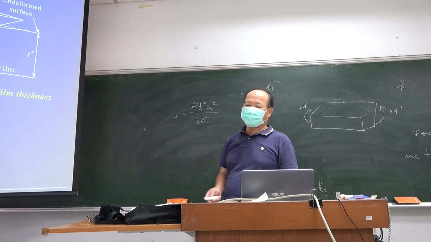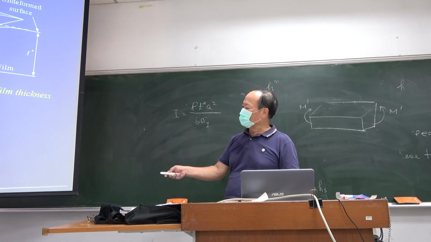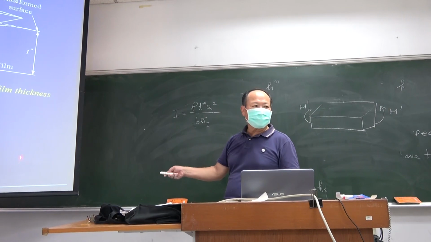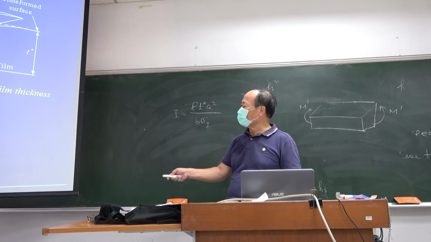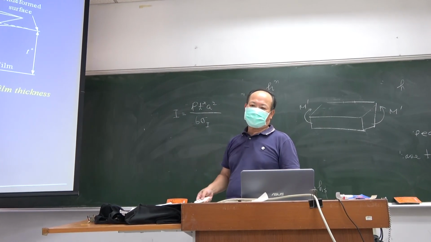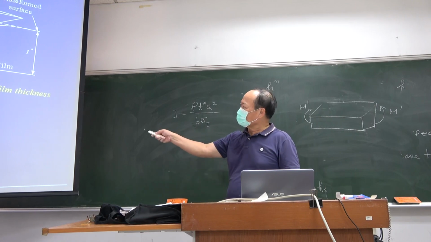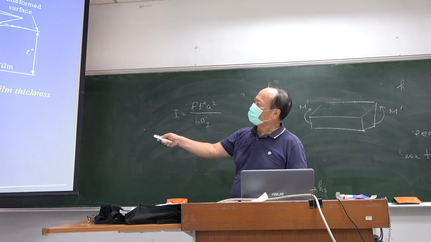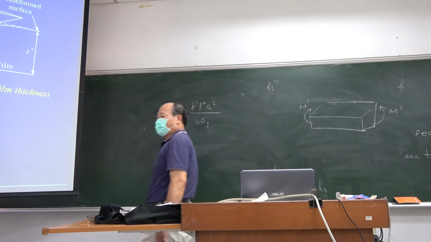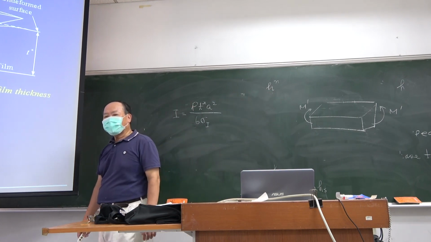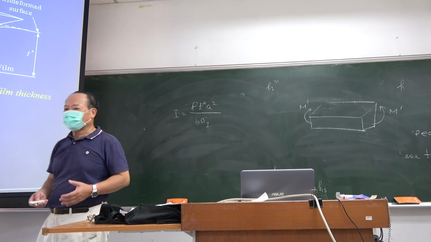Our real contact depth is expressed by this form. This equation we call A. Keep in mind, this A equation will be used to determine the stress and the strain within the material inside. Why do we need to obtain the stress and the strain?